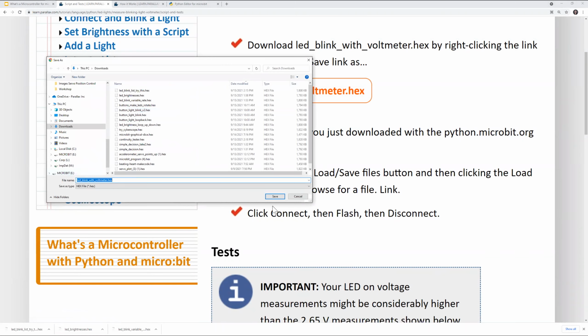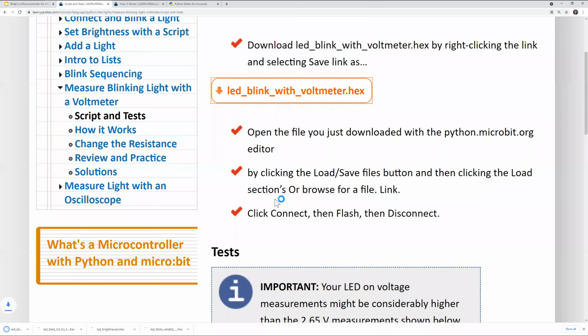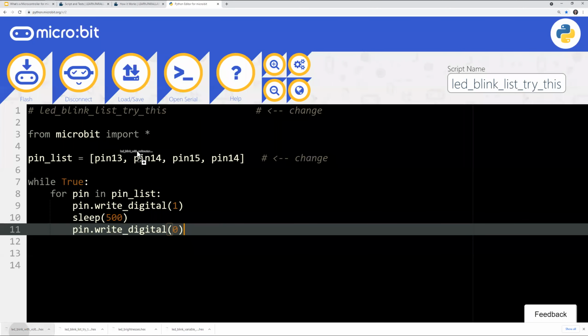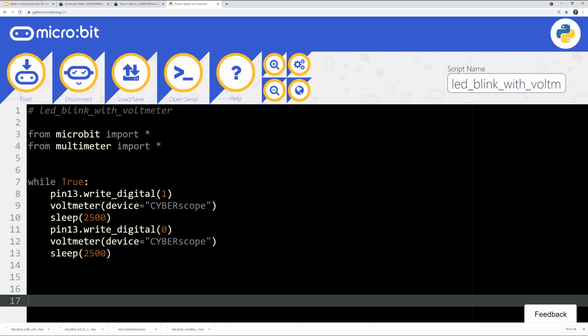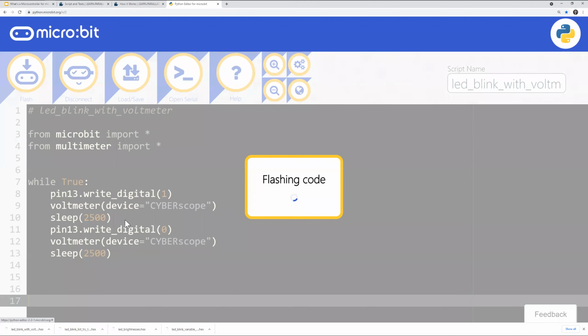And then put it in the downloads. And it'll appear just like the other downloads you did. And you can go to the Python editor and drag and drop it in there. And then flash it into your microbit.